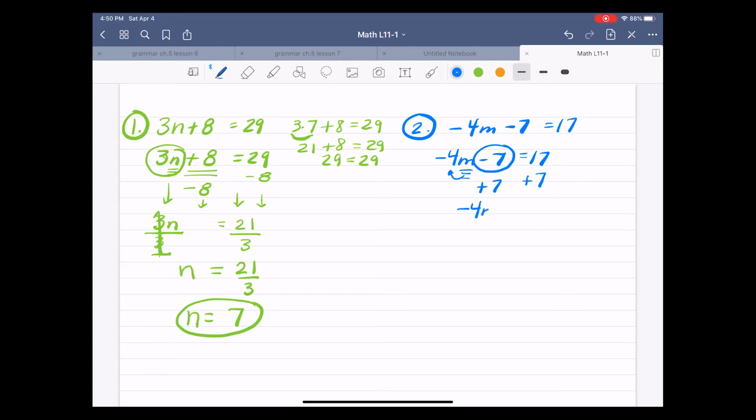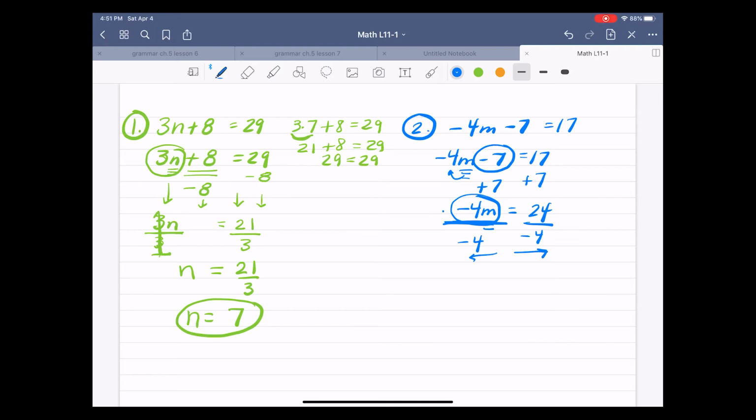Negative 4m equals 24. Now I look at my m and I still need to isolate it further. What's in the way of my m? A times negative 4, a negative 4. It's being multiplied to m. So what's the inverse of times negative 4? It is divide by negative 4. If I divide the left by negative 4, I got to divide the right by negative 4.